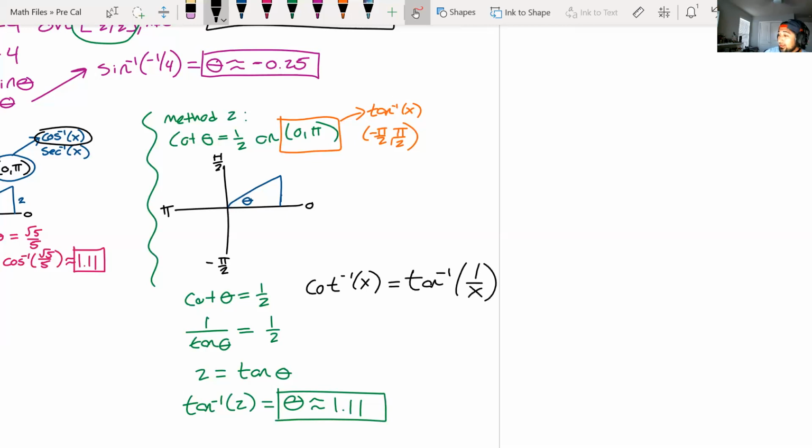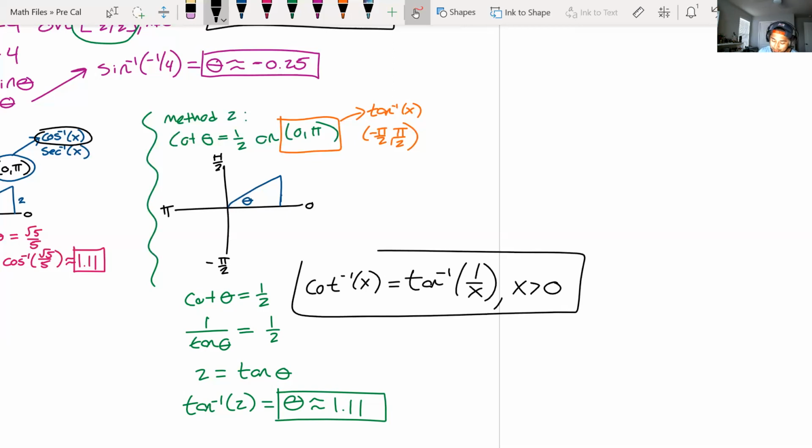But like you said, this can only happen if cotangent is positive, if our values of x are positive. Because if our values of x are positive, we are in what quadrant? 1.